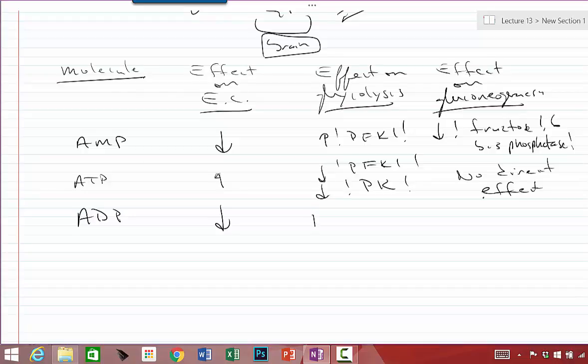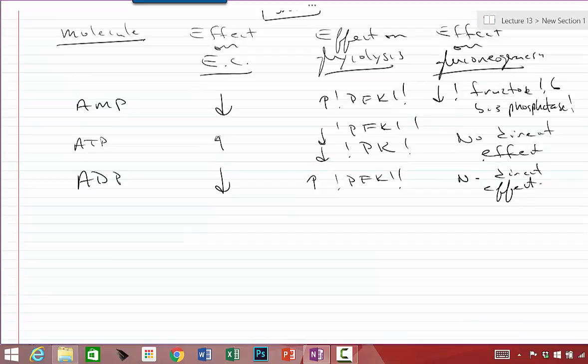You're going to increase PFK1 activity, and it has no direct effect on gluconeogenesis. Here's a couple more that you should know about.